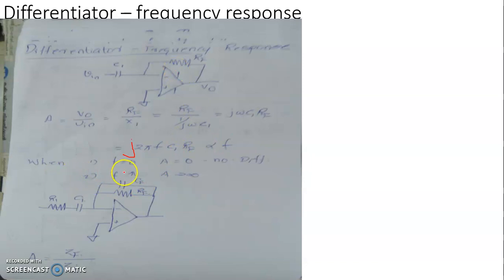The first happens when a DC signal, a constant DC voltage, is applied for differentiation to the differentiating amplifier. Since for a DC signal f is equal to 0, the gain will be equal to 0. That means it offers no gain, so it cannot be treated basically as an amplifier.